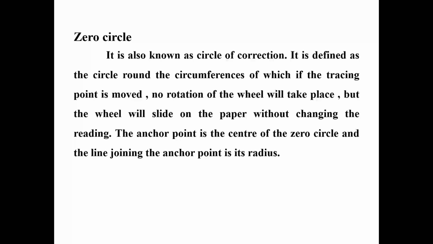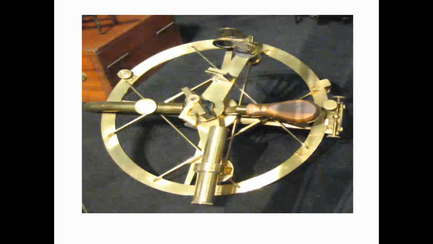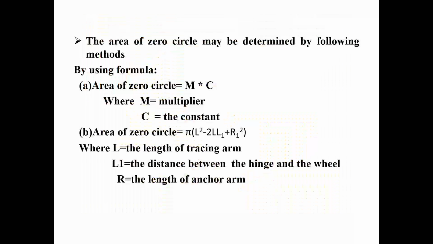The line joining the anchor point and the tracing point is known as the radius of the zero circle, whose center remains at the anchor point A. And this is the circle.